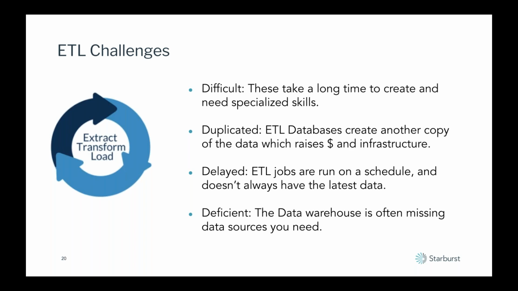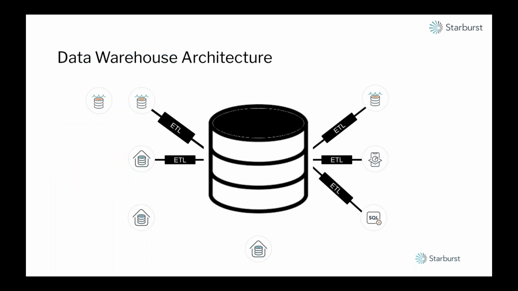This could be finance data that doesn't make its way oftentimes into, let's say, cloud environments or some other scenarios, and so you end up with some data that is simply not accessible for analysis. And so with the data warehousing, you typically have this type of picture where you have a data warehouse or data lake and a variety of different sources on the periphery, some of which may be part of the ETL and some of which may not.